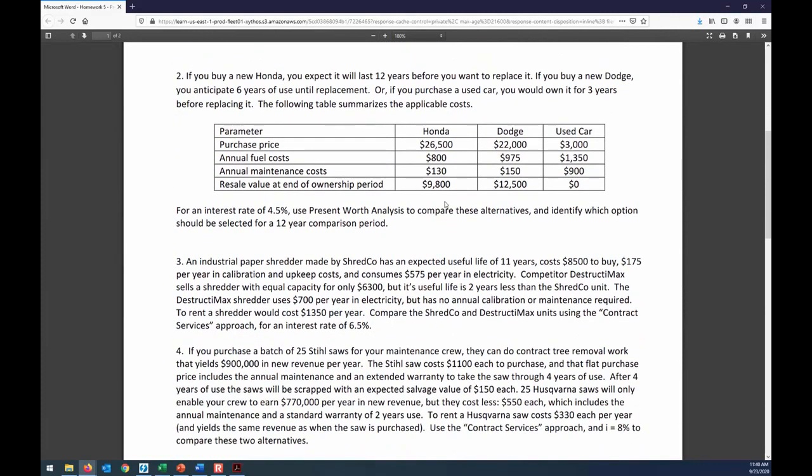Option 2 is another one that's also pretty suitable for the LCM approach. We can repeat. We've got 12 years for one of the options, 6 for another, and 3 for the last.